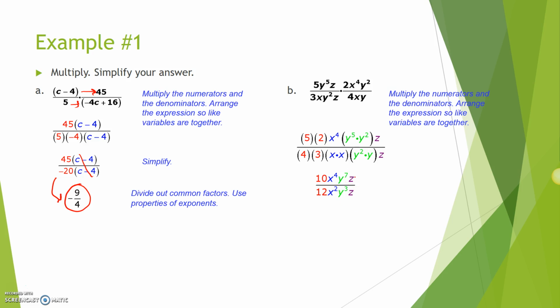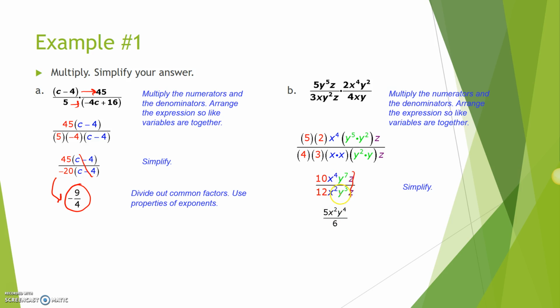And then we simplify this down. Notice my z's are going to cancel. And when we have like variables with different exponents like this, remember way back in chapter 7, we subtract: 4 minus 2 to get x to the 2nd.